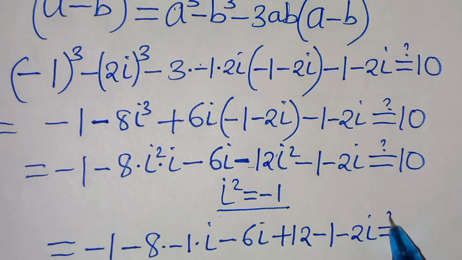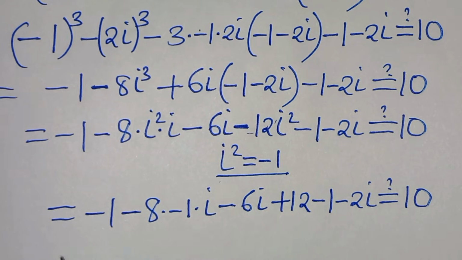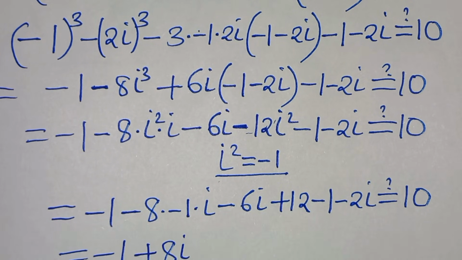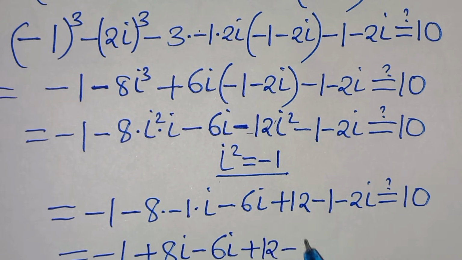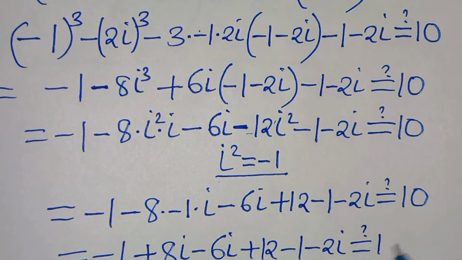This should give us a value of 10. So this implies we have -1. This is minus 8 times -1 times i, this is plus 8i. Then subtract 6i. Then we have plus 12. Subtract 1 minus 2i. This should give us a value of 10.